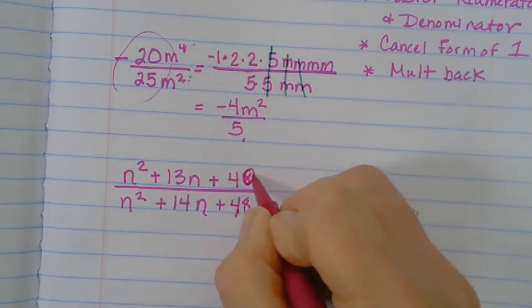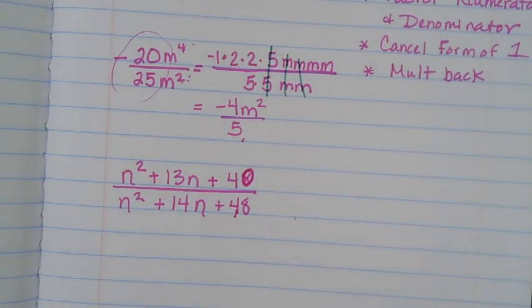And this should be a 40. I copied the wrong number down there. n squared plus 13n plus 40 over n squared plus 14n plus 48.